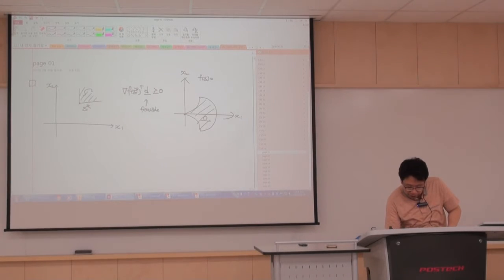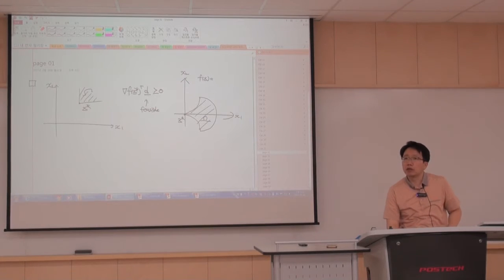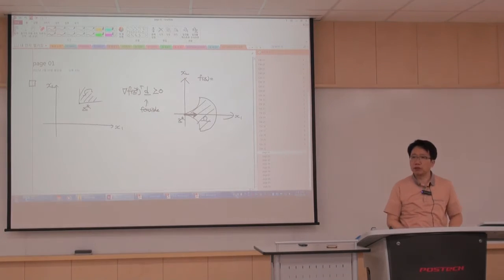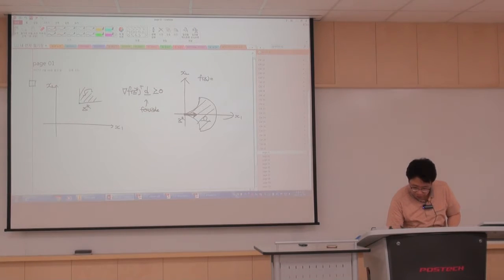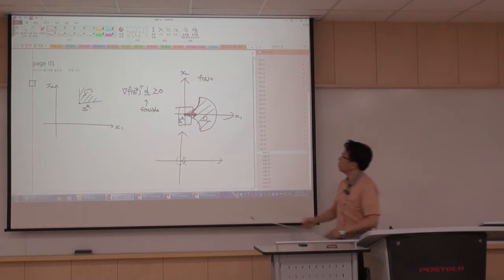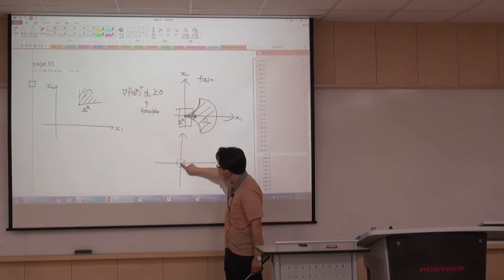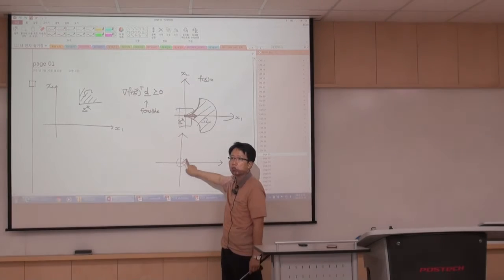Definitely here at x star, what is the only feasible direction? This direction. This is the only feasible direction, because here it looks like this. But if you magnify this area, you will see that whatever small area you find, there exists some point here with very small distance to the origin, where the function value is smaller.